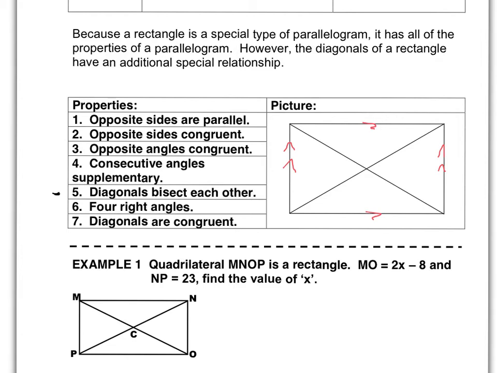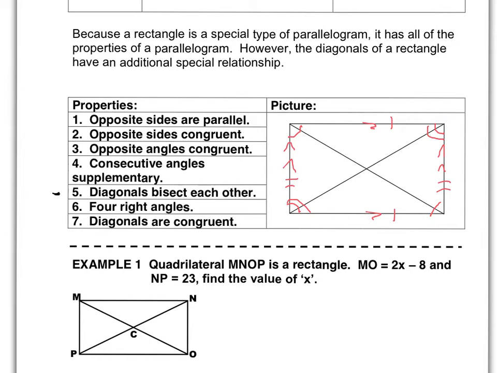The opposite sides are congruent, so this side is congruent to this side. This side is congruent to that side. Opposite angles are congruent. So this angle matches this angle, and this angle matches this angle. That's true for any parallelogram.